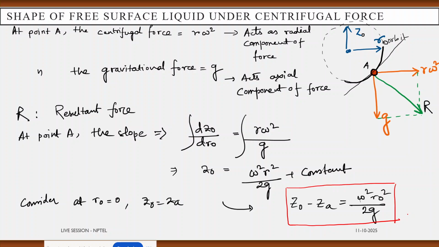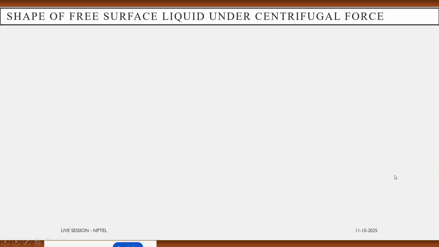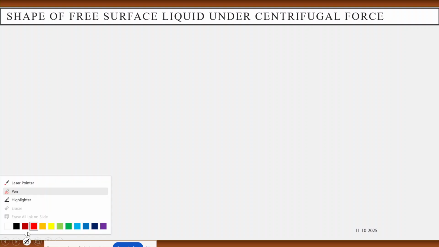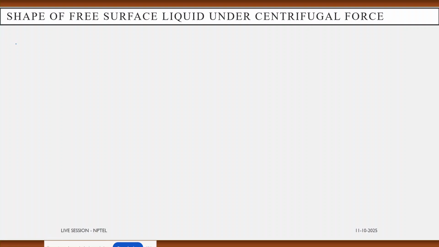Okay. So next, we have discussed that we got a new term, that is ZA, which is noted as the position of the free liquid surface at the axis of rotation.